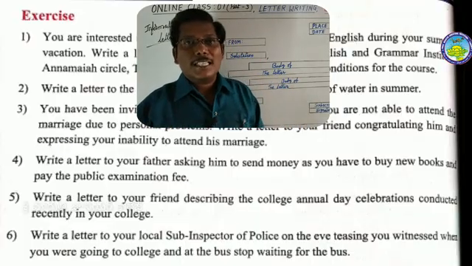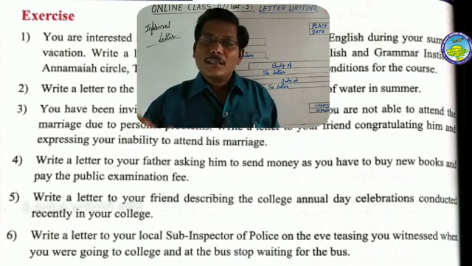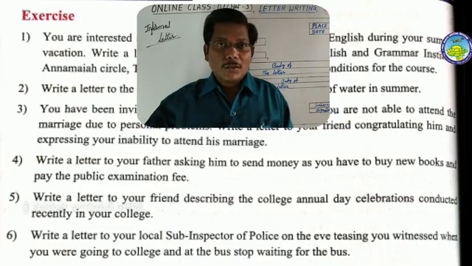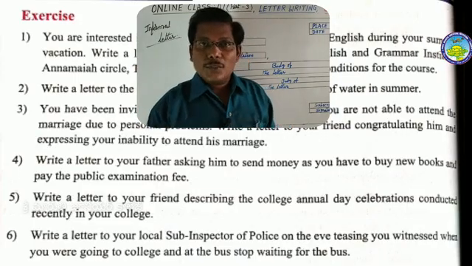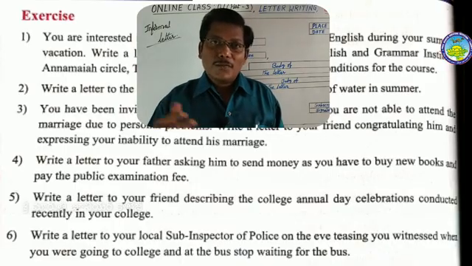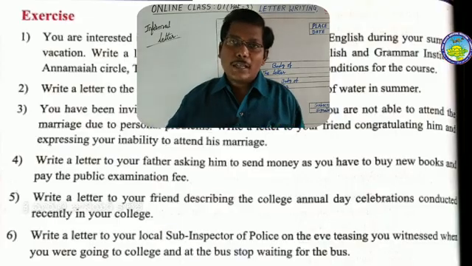If the boys tease the girls, that is called eve teasing. So you have seen some eve teasing, so you have to write a letter to the sub-inspector of police, to the SI, about this problem. So you are writing this letter to the SI, that means some officer. So this is a formal letter, and I have already explained how to write a formal letter.